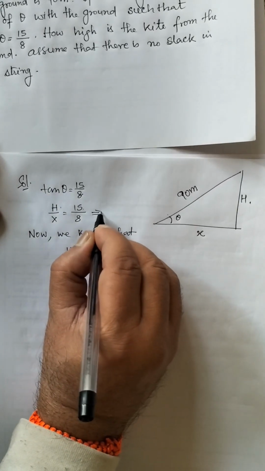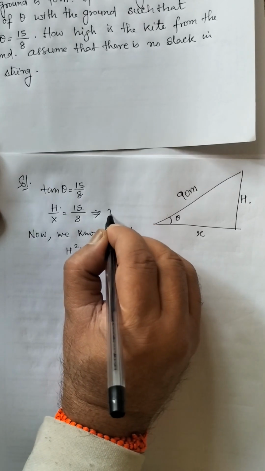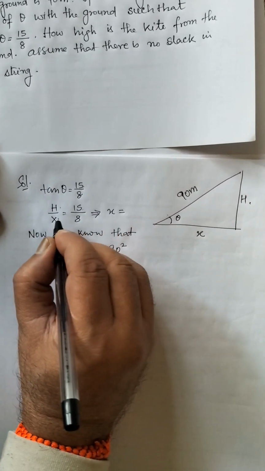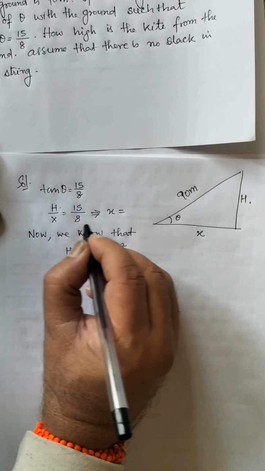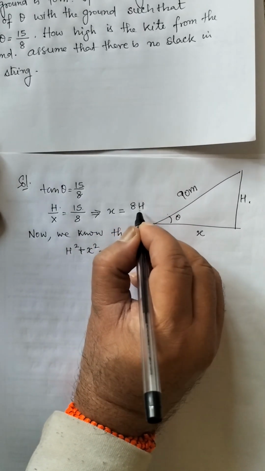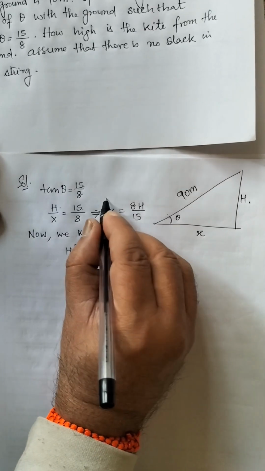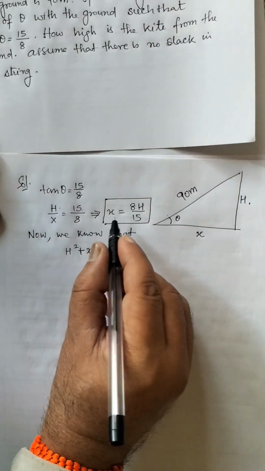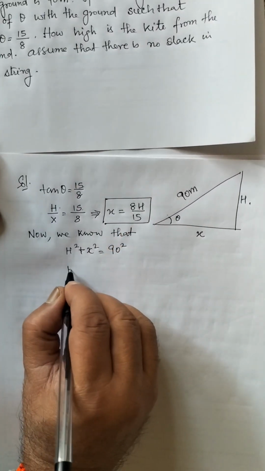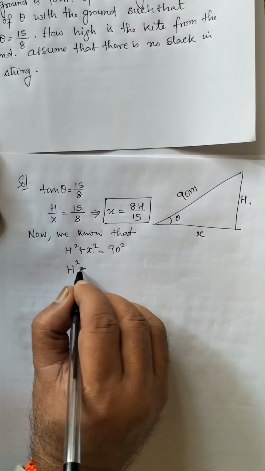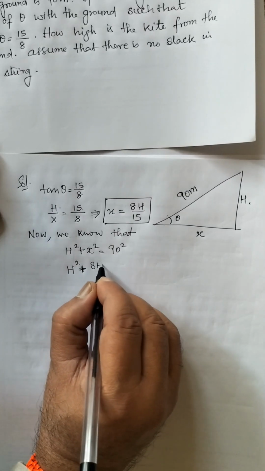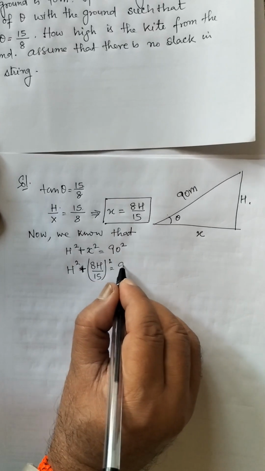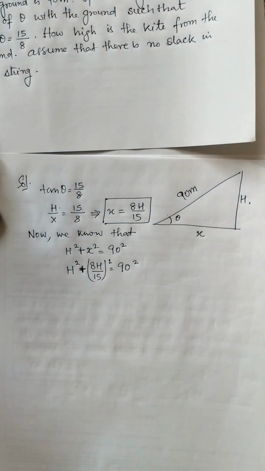From here we have x as 8h by 15, cross multiplying and eliminating x. Now in place of x put this: h square plus (8h by 15) square equals 90 square.